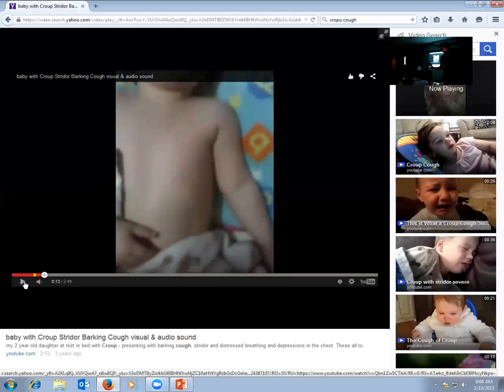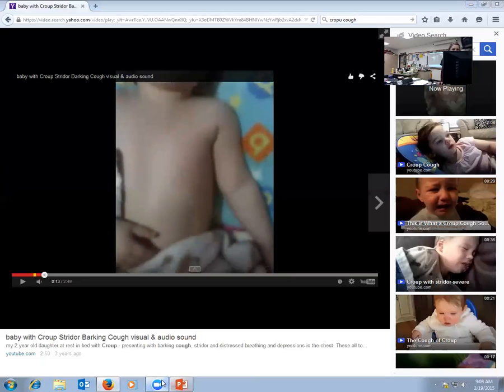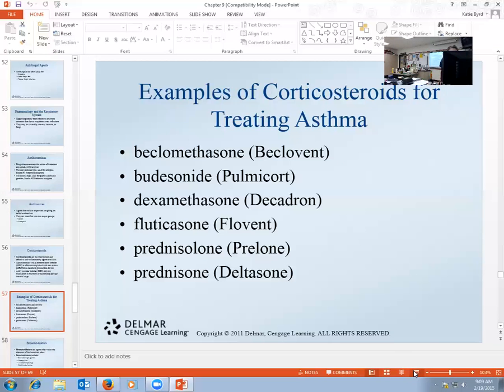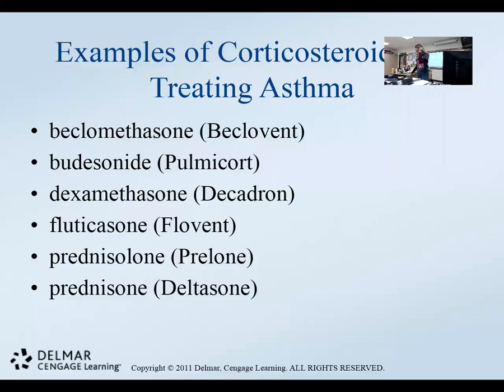Anyway, that is kind of a hallmark croupy cough. It sounds like a bark. It's real dry. There we go. So anyways, that's croup. Decadron is what you usually get for that.